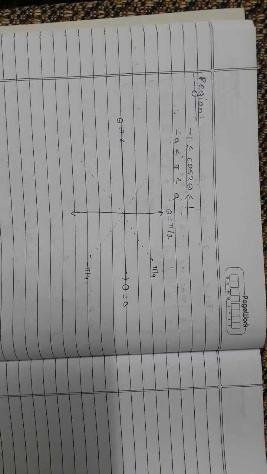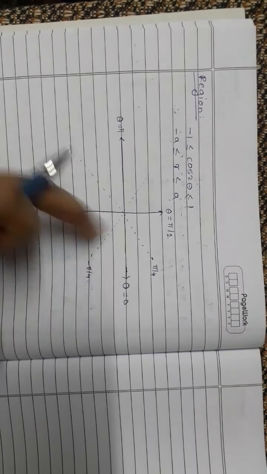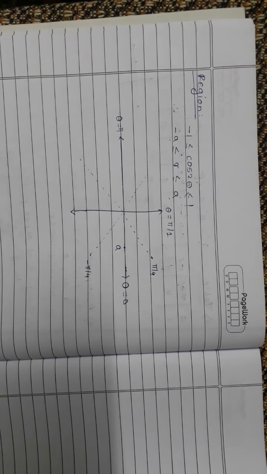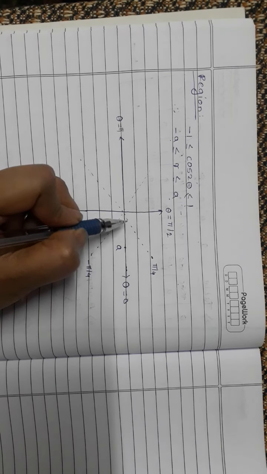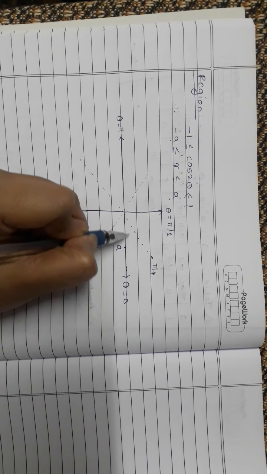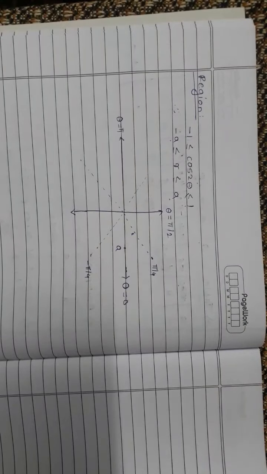And we have found a table using rule number 3. I'm going to plot the corresponding values for r here, right? When theta is equal to 0, I have r equal to a, so here is a. When theta is equal to pi by 6, somewhere here is pi by 6, so r is a by root 2, which will be less than a, so say it is somewhere here, okay?